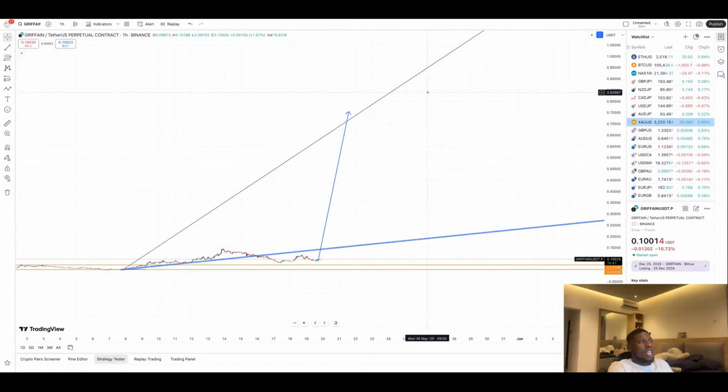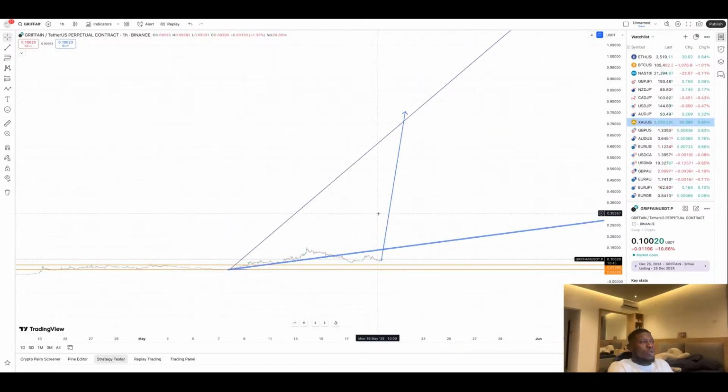If it didn't touch this line, it won't stop pumping. So whenever Griffin wakes up to pump, it's going to meet this line one day. Maybe $1, maybe this or this, but it must meet this line unless it goes back to below 0.58.